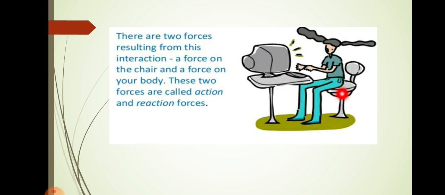These two forces are called action and reaction forces. So when there is an interaction between two objects, two forces exist, the action and reaction force. So Newton's third law states that for every action there is an equal and opposite reaction.